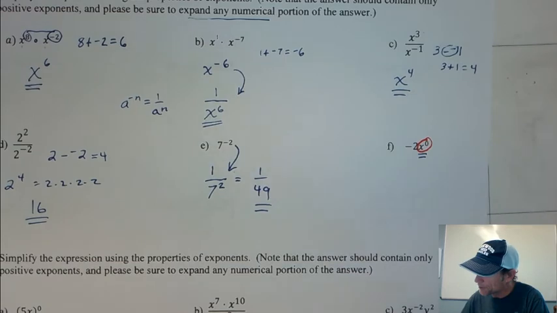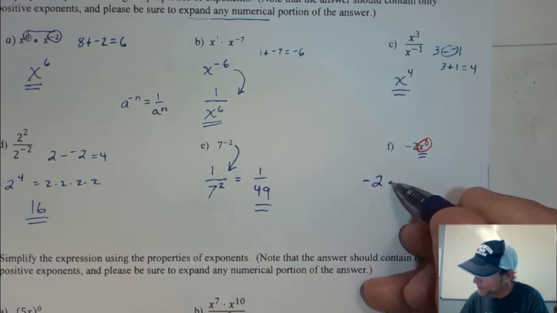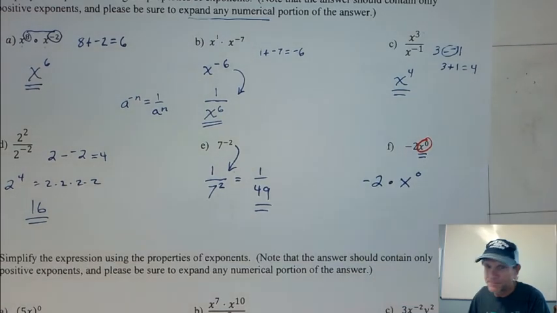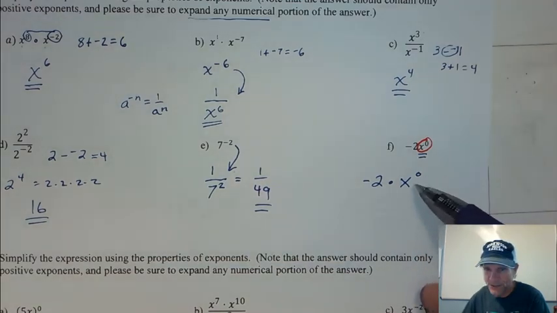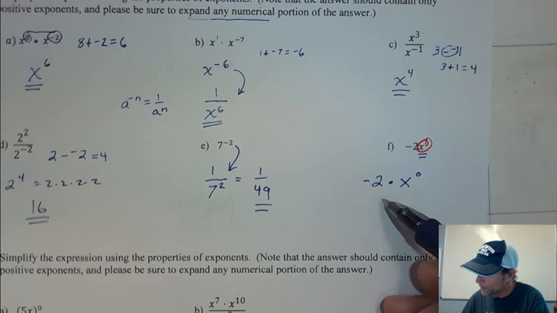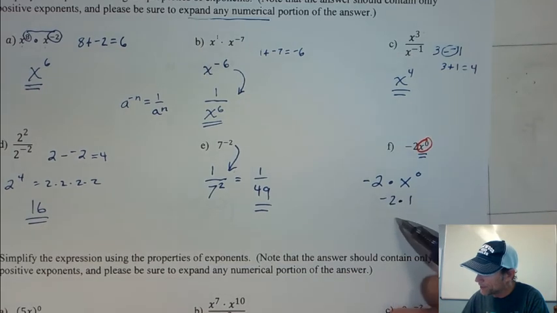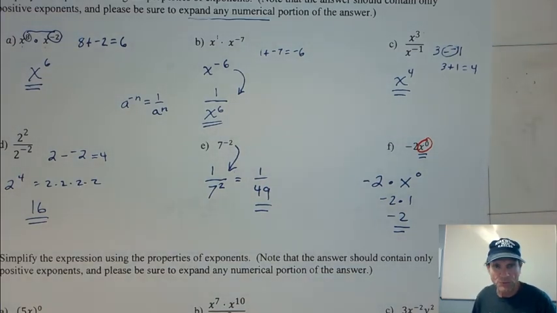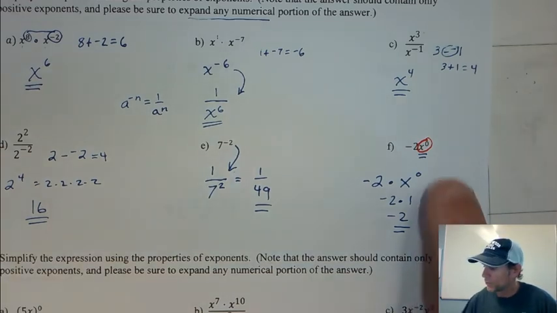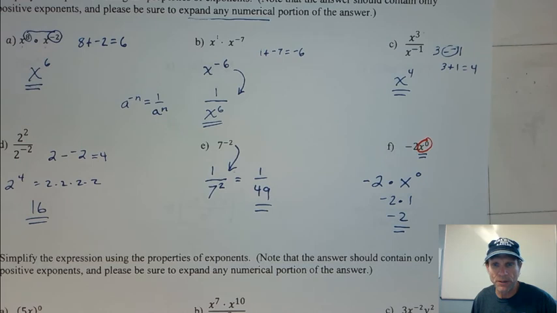So if I blew this up, it actually looks like this. This piece right here, this x to the 0, is equal to 1. So I have negative 2 times 1, which is negative 2. That gets us a little review of the division or quotient rule, the product rule, the negative exponent rule, and the power of 0 rule.